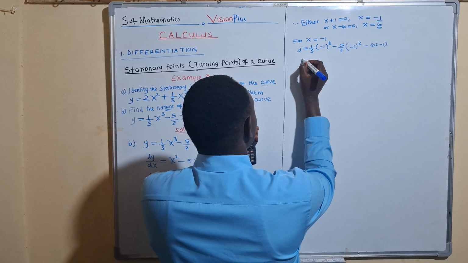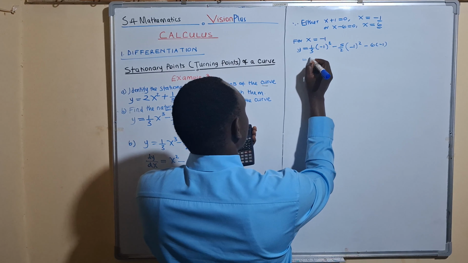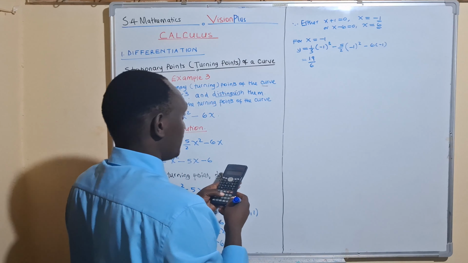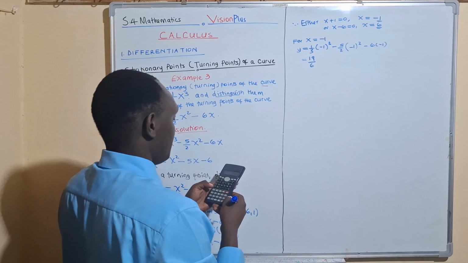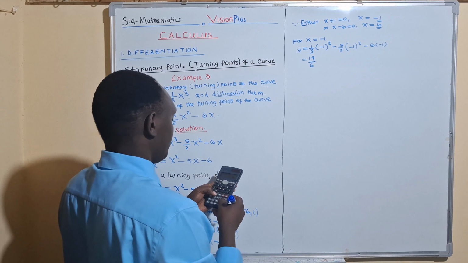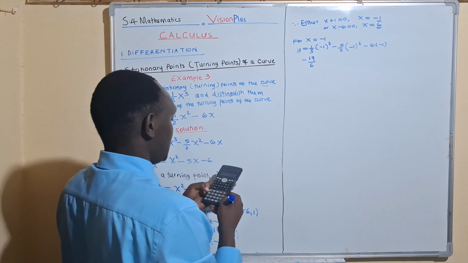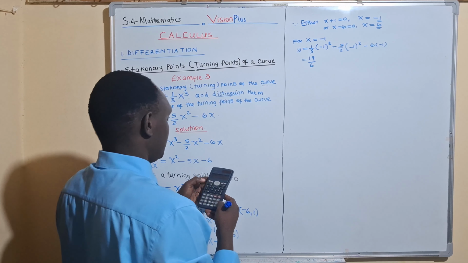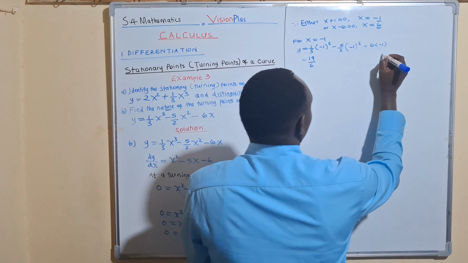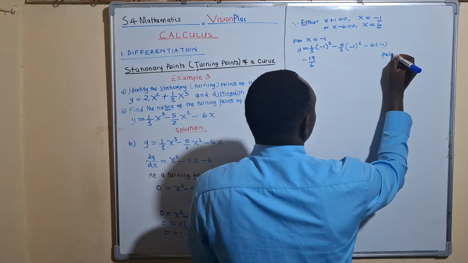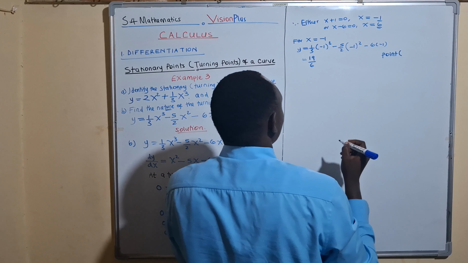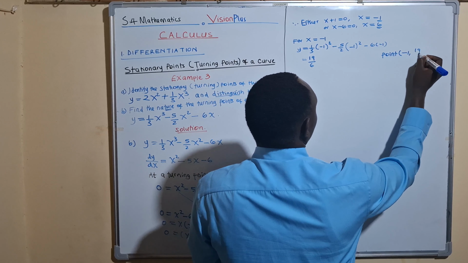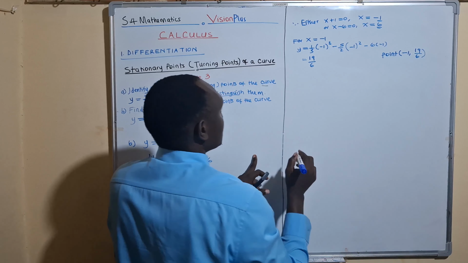I'm getting 19/6. Let me press again: 6 minus 5 divided by 2 minus 1 divided by 3. Yes. So after getting the value of y, the point becomes negative 1, 19/6. This is one turning point.